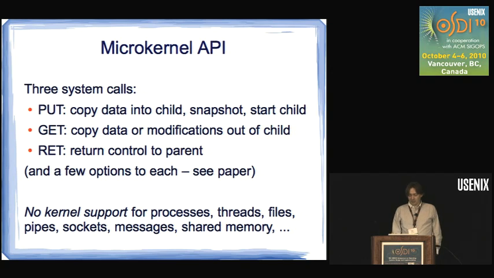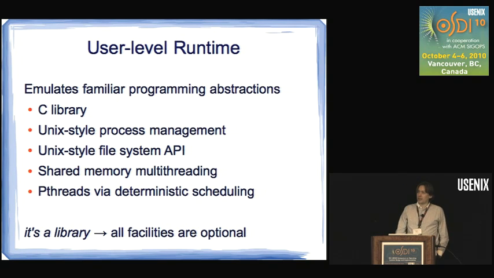The kernel does not support any kind of high-level abstractions like processes, threads, files, and stuff like that. Instead, higher-level abstractions are built in the user-level runtime, namely the C library, which currently provides basic Unix-style process management, fork and wait, as well as the standard C file system API.